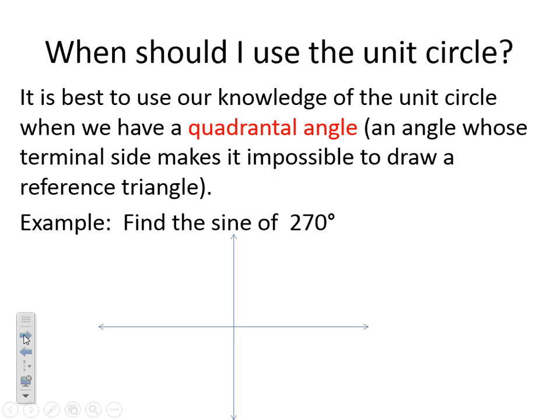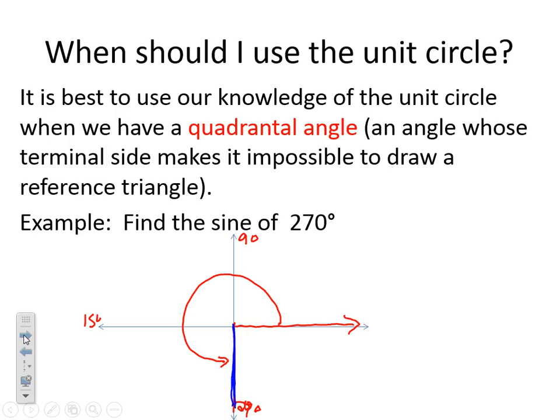For example, if we wanted to find anything to do with 270, my initial side is here, here's 90, 180, and here's 270. I go all the way around. My problem is to make a reference triangle, I have to go to my x-axis. I can't make a triangle, I just make a straight line. So this is when we're going to be using our unit circle.